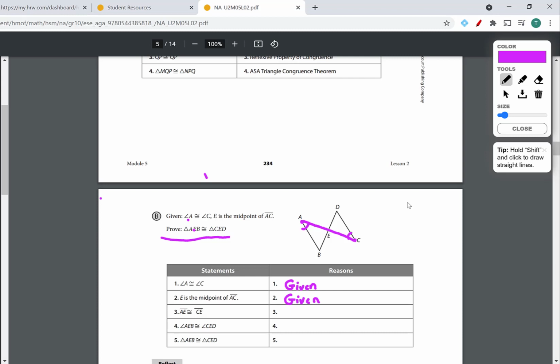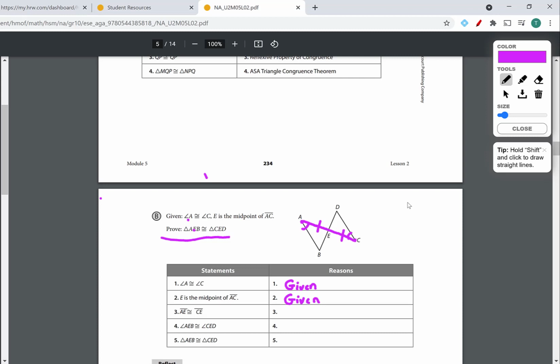The next statement says segment AE is congruent to segment CE. So we have to think, okay, how do we know those two segments are congruent? Well, we know by the definition of a midpoint. A midpoint, by definition, is the halfway mark from one end of that segment to the other.